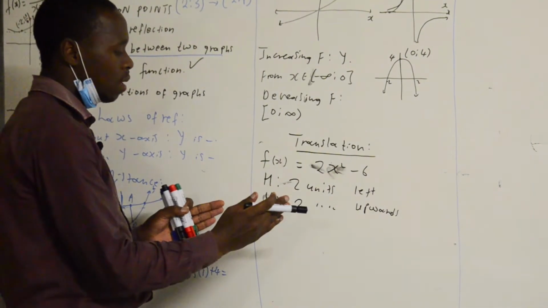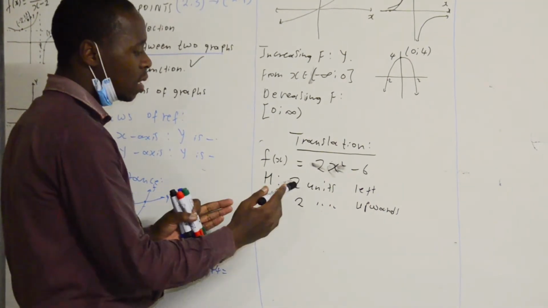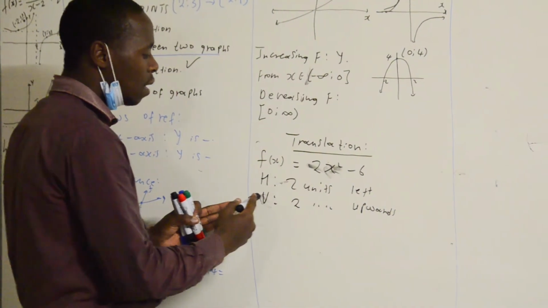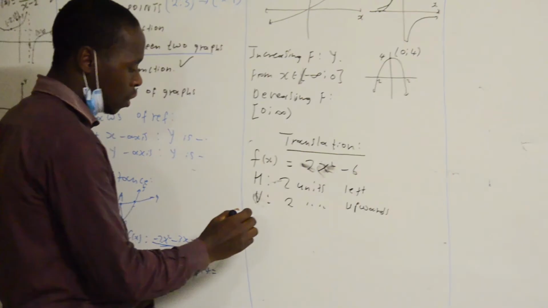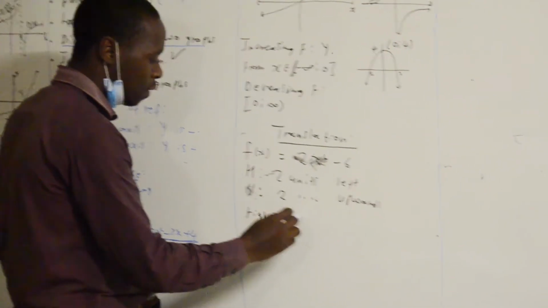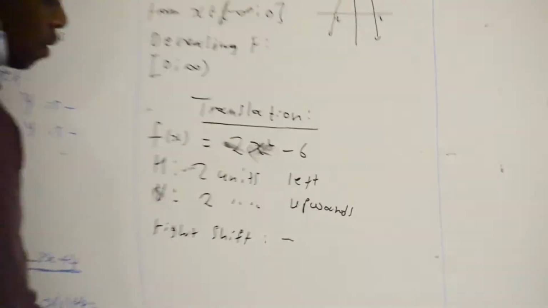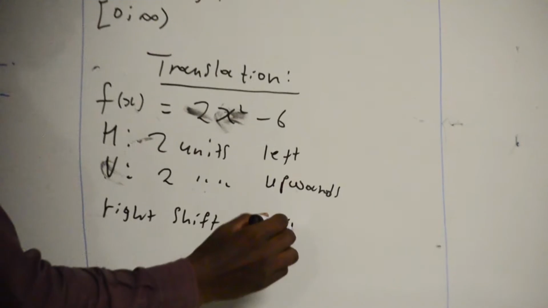If you are shifting on the x-axis, you have to know one thing. On the x-axis, if you shift right, your right shift is represented by minus p in the equation.